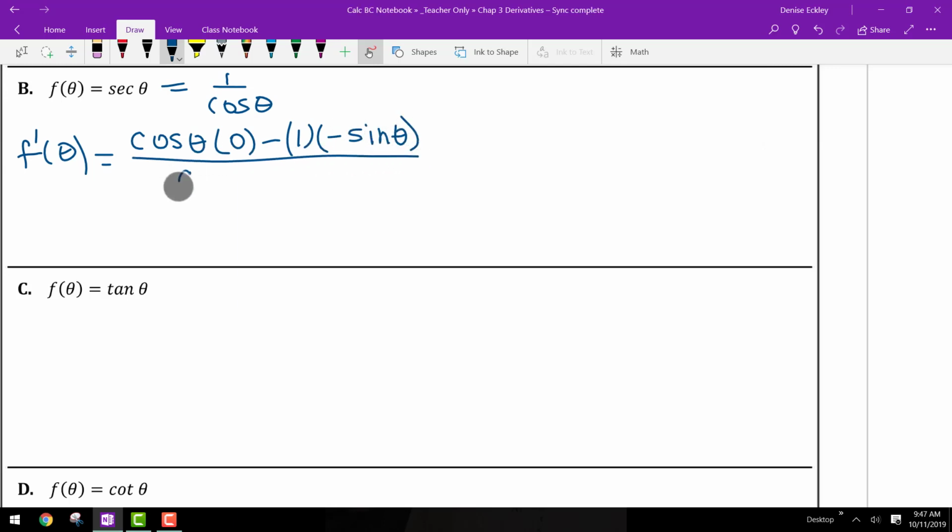And this is all over cosine squared theta.